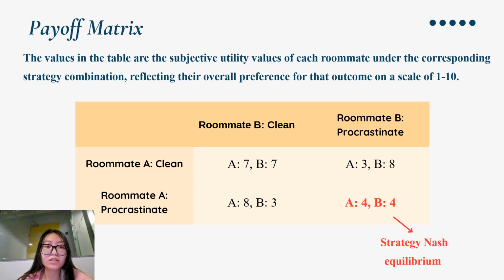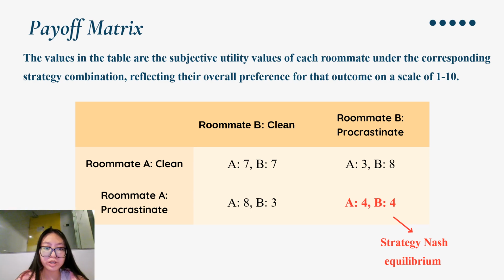Each person has an incentive to choose to procrastinate, but when they both procrastinate, they each get a score of 4, which is not as high as the 7 they would get if they worked together.